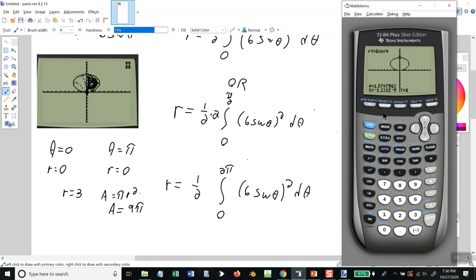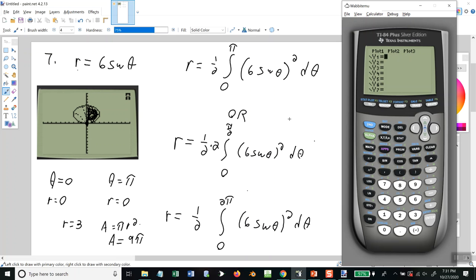So if I come over here, and let me change back. I don't think that mode actually matters in terms of the integration, but I could be wrong. Let's go back to function, and I'm going to put in my initial problem. Now, that 1/2 is out in front. I can move that 1/2 inside.